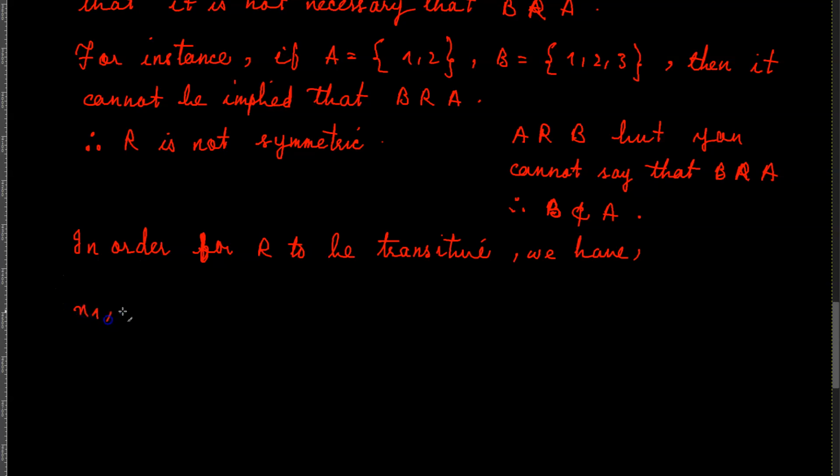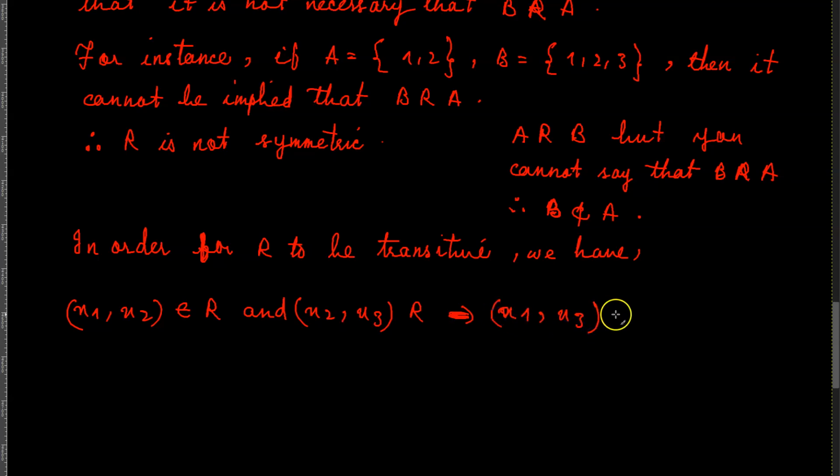We have (x1, x2) belonging to R, and (x2, x3) belonging to R. That must imply that (x1, x3) belongs to R. And of course that for every x1, x2, and x3 belonging to A, right?